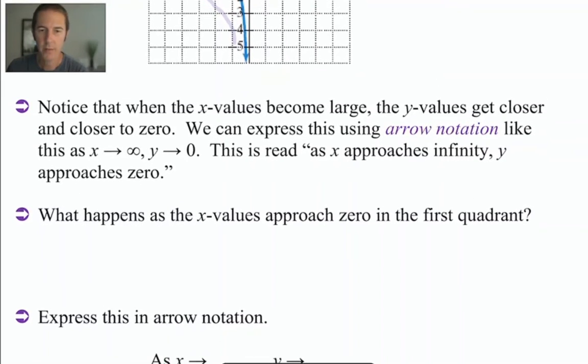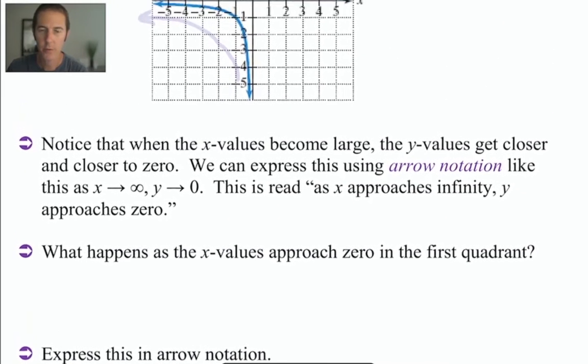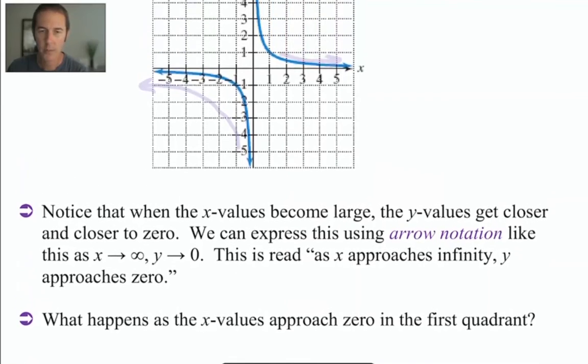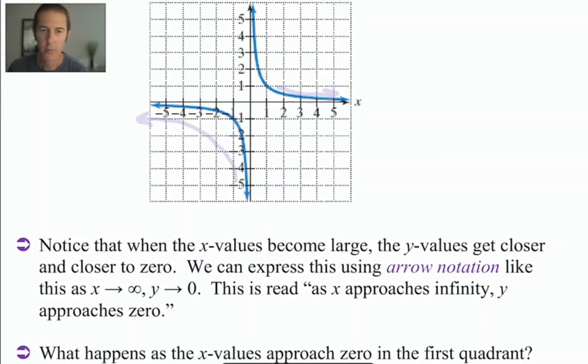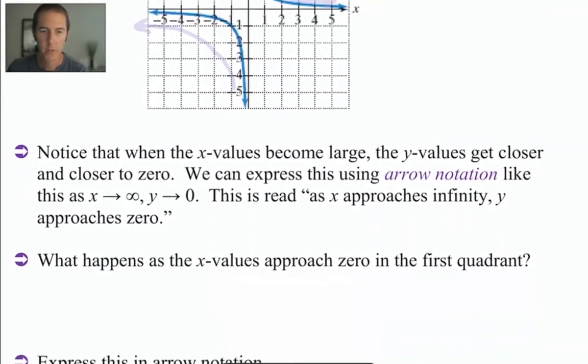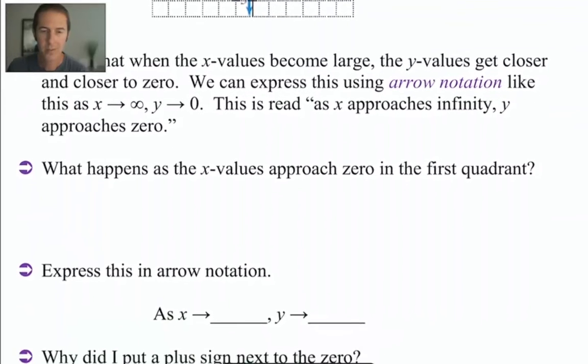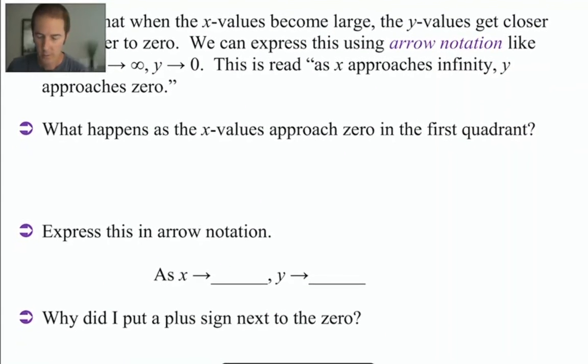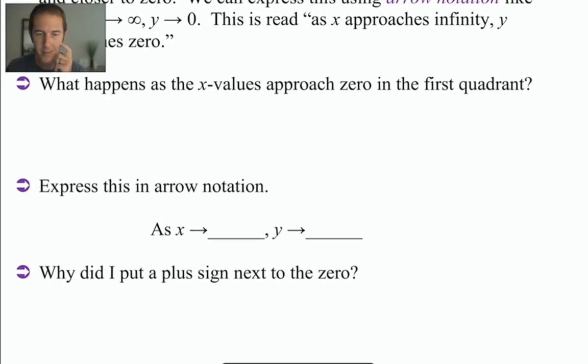What happens as the x values approach 0 in the first quadrant? We talked about that. The curve goes up toward positive infinity. Express this in arrow notation. So the things that we were just talking about while I was drawing with that purple highlighter can be written like this.